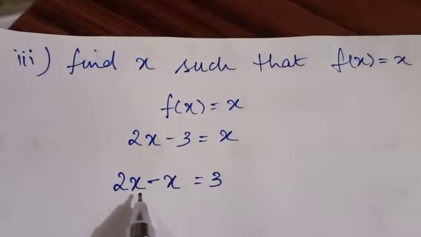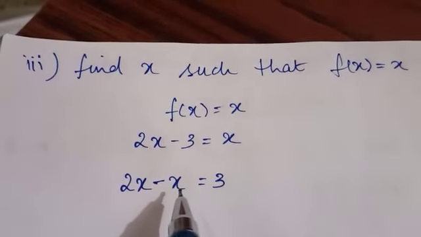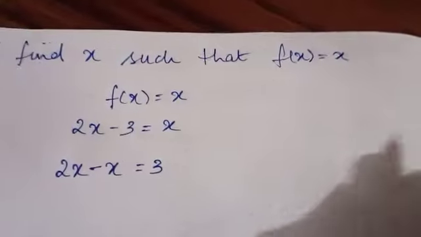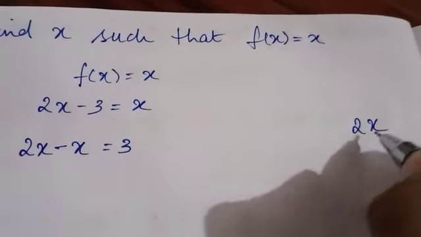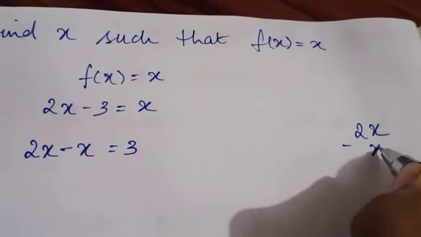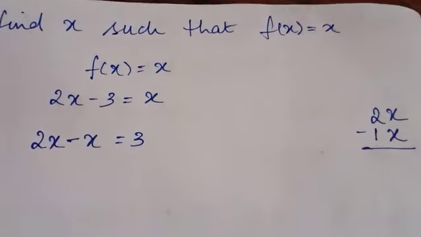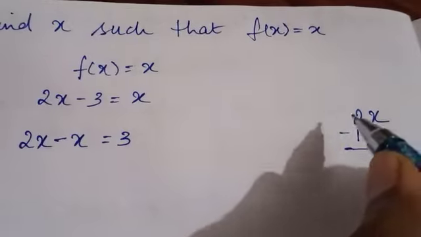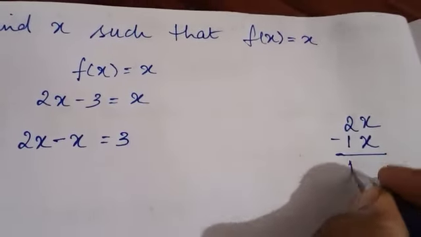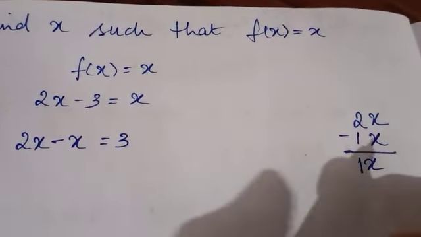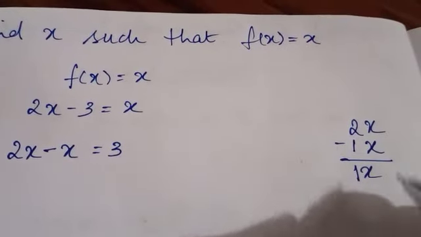And now we have 2x minus x. Yes, that is nothing but 2x minus x. So here we have the coefficient as 1. So 2 minus 1 is 1 and I am writing the variable as it is. So after subtracting, what we have to check?